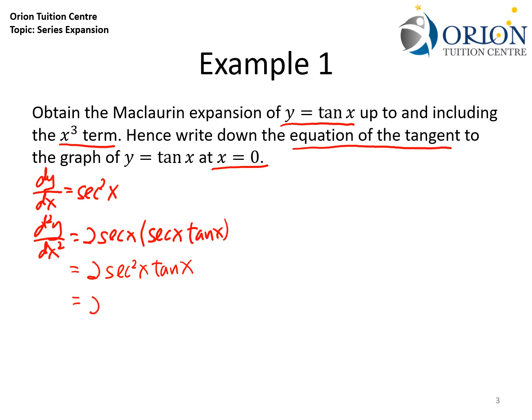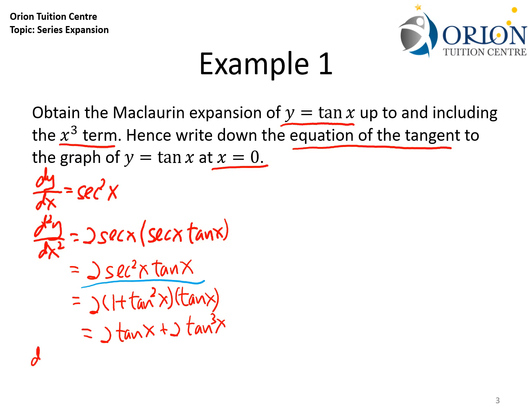So this becomes 2 times (1 plus tangent squared x) times tangent x, which becomes 2 tangent x plus 2 tangent cubed x. Now this form is slightly easier to differentiate because I do not have to perform the product rule anymore, and hence that is the reason why I have changed it into this form first. If you prefer, you can differentiate this term straight away as well. There is no issue with that at all.